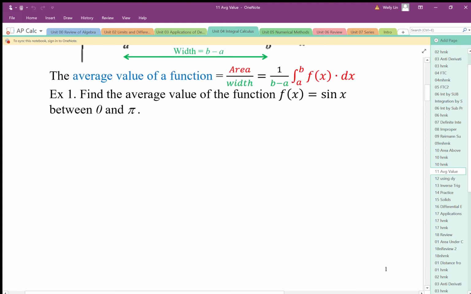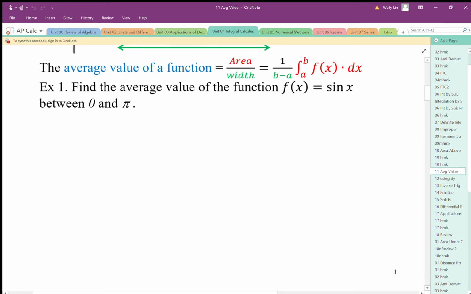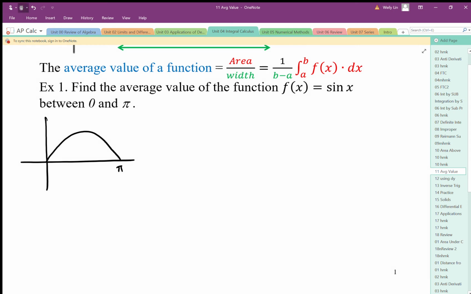So we're going to find the average value of the sine function between 0 and pi. If I sketch out my sine function between 0 and pi, there it is. I want to find the average value of that function. Essentially, if I calculate the area underneath that curve, and rearrange that area into a rectangular shape, so that's about the equivalent area in that box.